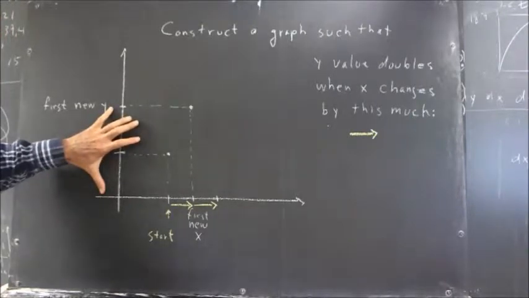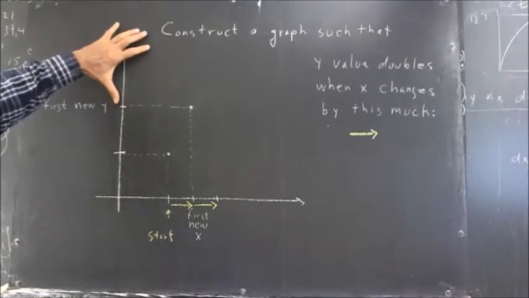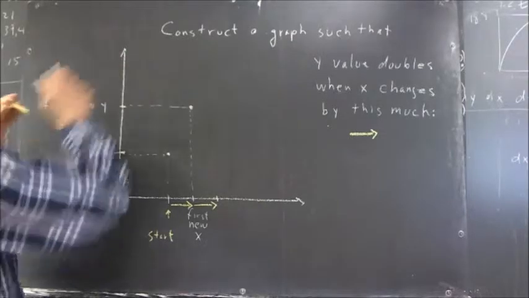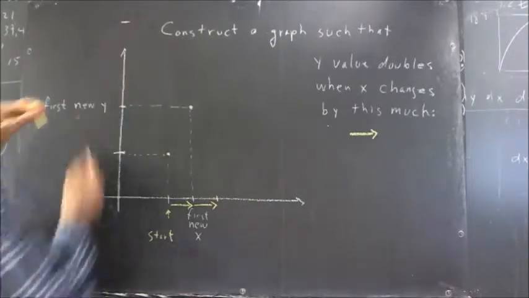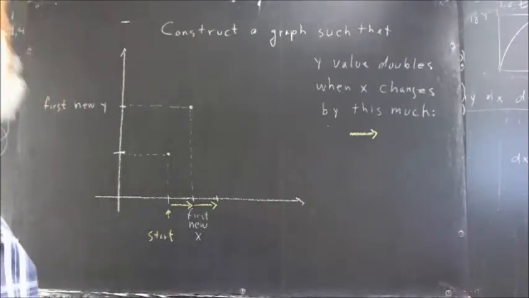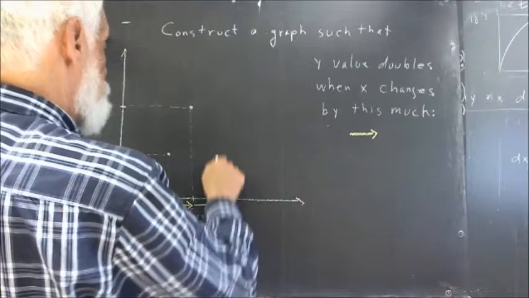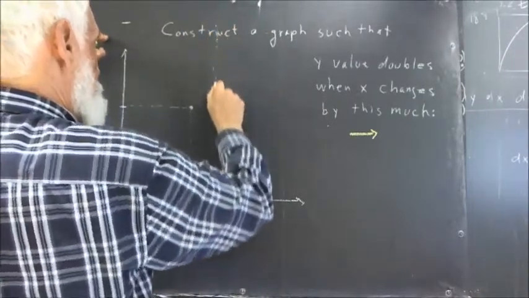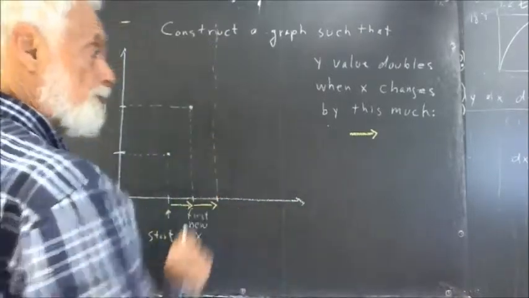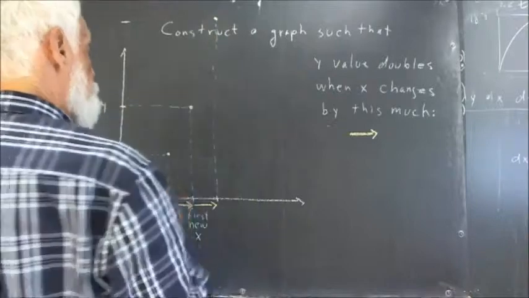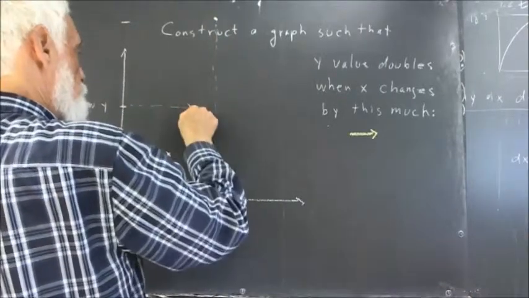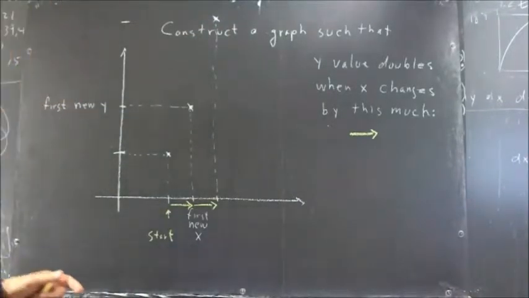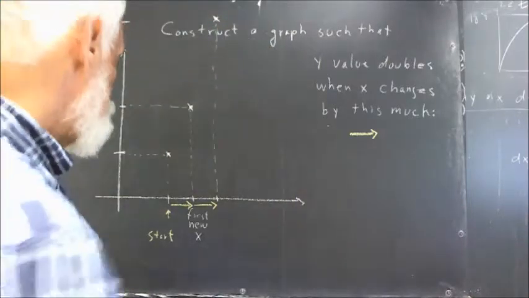Well, y is this big, and y's got to double, so y is going to have to get up to here. So our next y value goes all the way up here past the end of the axis as we drew it, and our x value's here, so we can come over here to about this point, maybe not a very straight line, but we're going to be up around here somewhere. So that's going to be a new point. Let's put a little x on each point so we can distinguish them from anything else on the graph. So that was way up there in my writing, but that's okay.